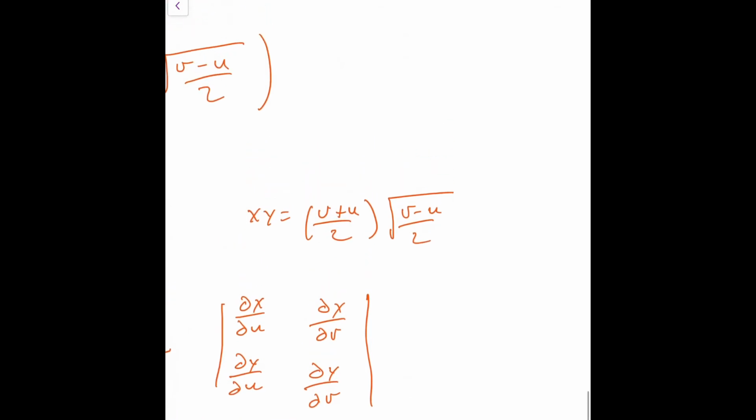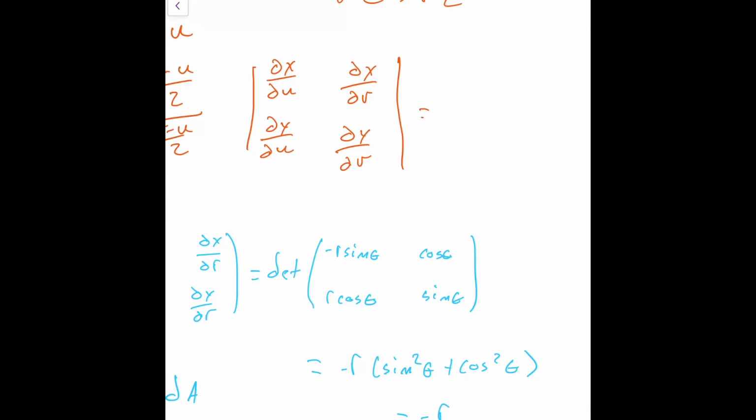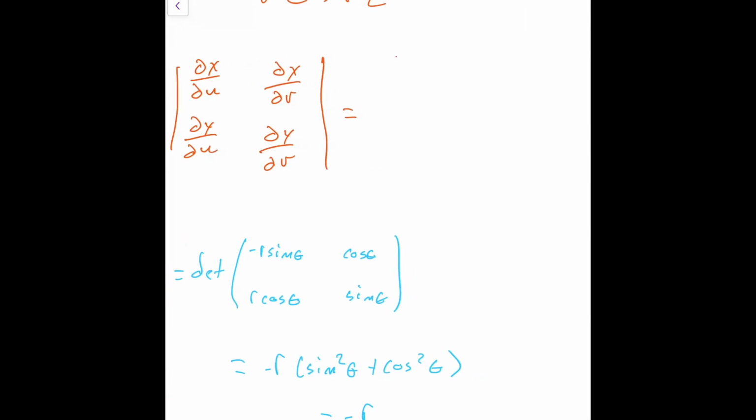Okay, but I'm going to tell you a little secret here. This is equal to 1 over the determinant of the matrix with the partial derivative of u with respect to x, the partial derivative of u with respect to y, the partial derivative of v with respect to x, the partial derivative of v with respect to y.